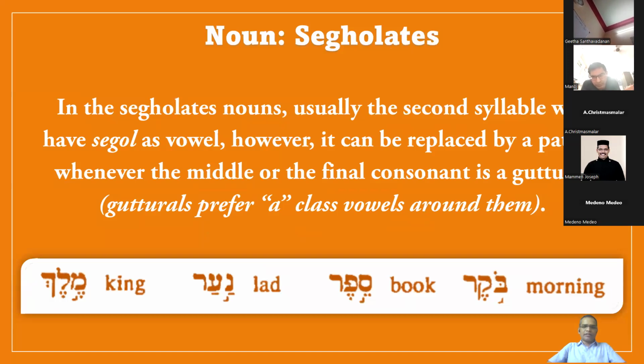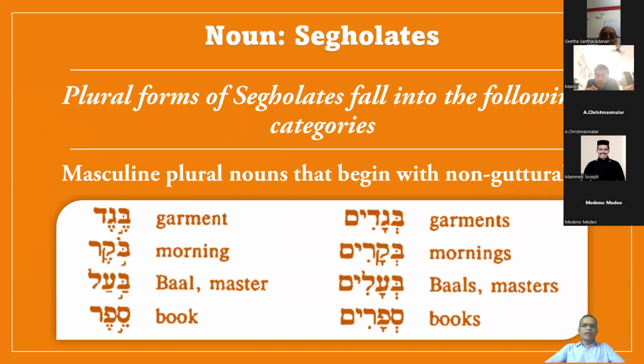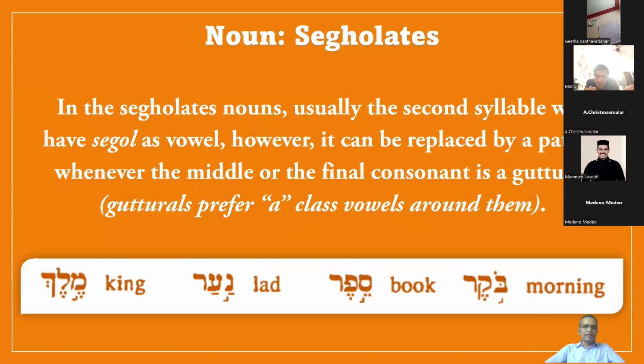So in most cases the second syllable will carry segol, unless the second or the third consonant is a guttural. In Sefer, the resh is considered a non-guttural here.